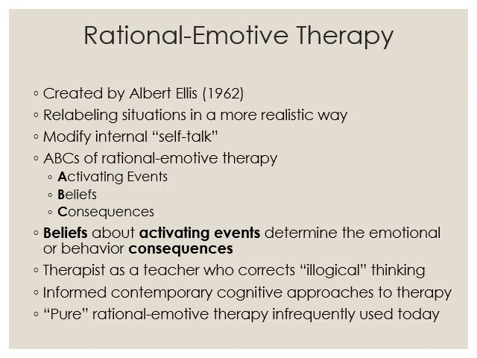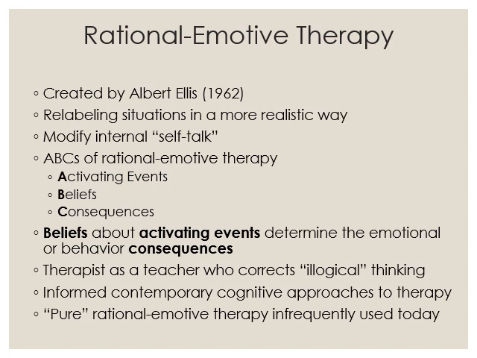Rational emotive therapy was a therapy that also contributed significantly to our current CBT approaches. It was created by Albert Ellis in the 1960s, and Ellis was interested in helping clients relabel situations in their lives in a more realistic way, a way that was more adaptive.